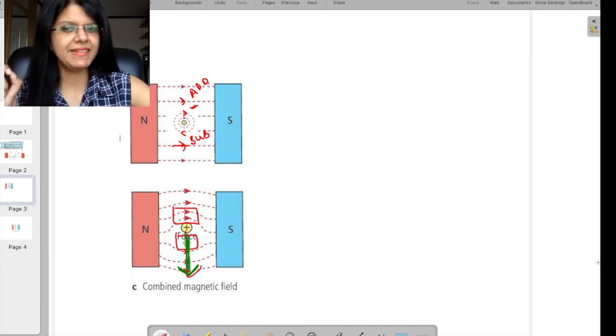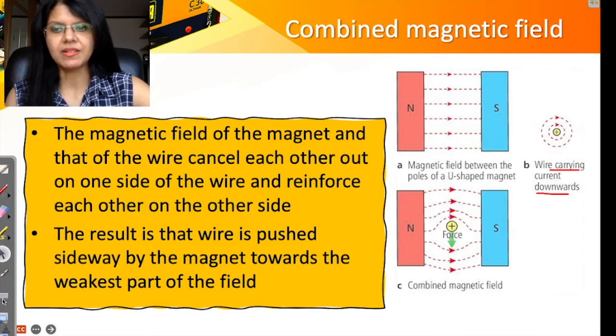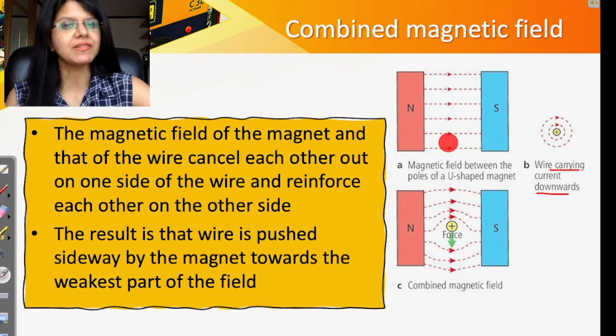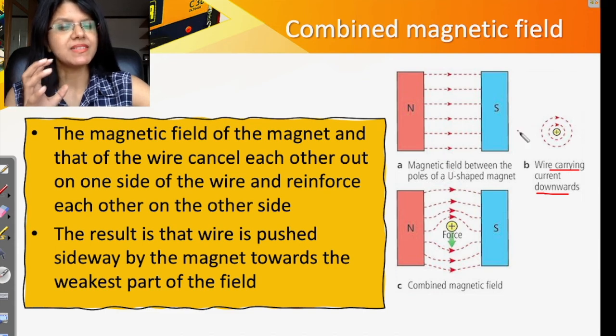Right? Slightly technical. If you want, you can just rewind this part of the video again to understand it better. This section talks about why the wire moves. It is because of the resultant of the magnetic field produced by the magnet and the magnetic field produced by the current carrying wire.